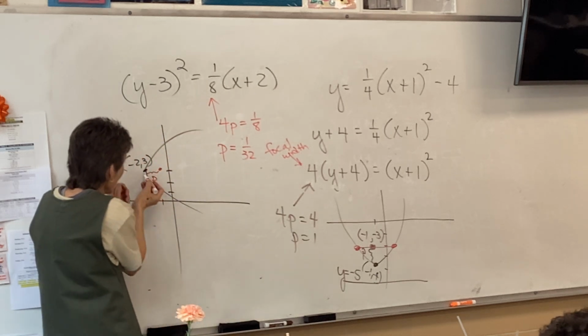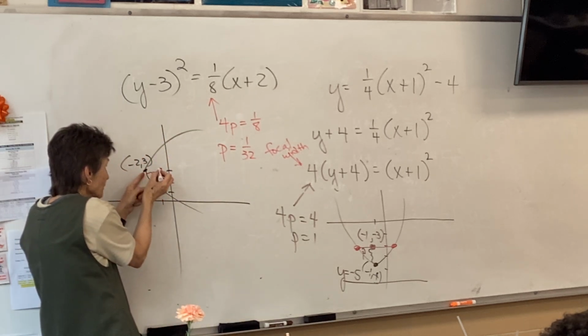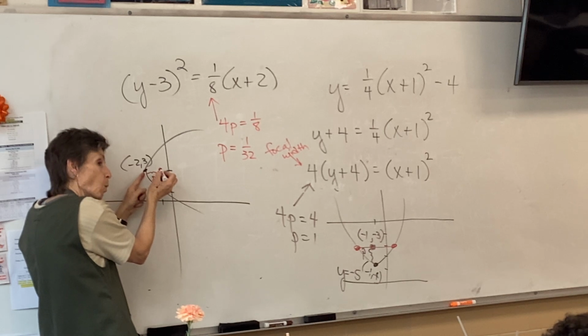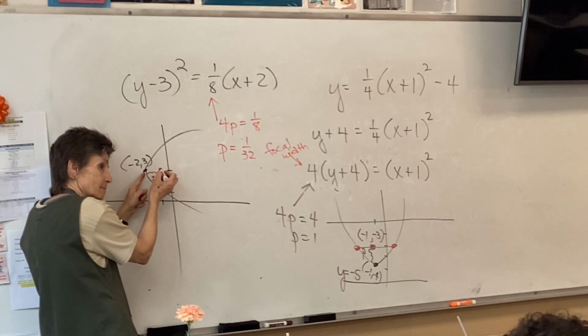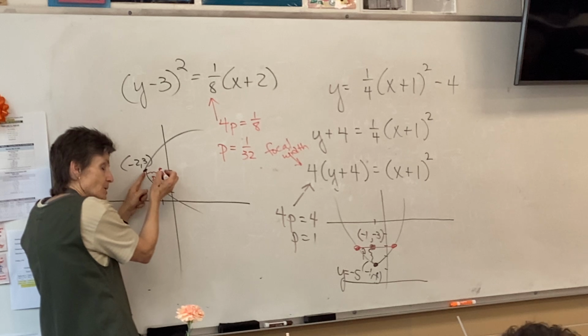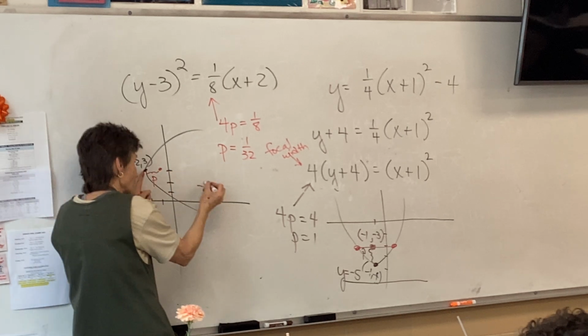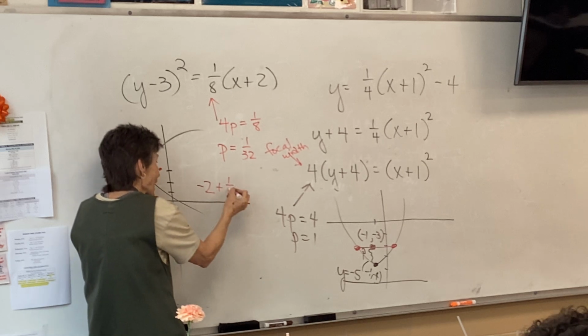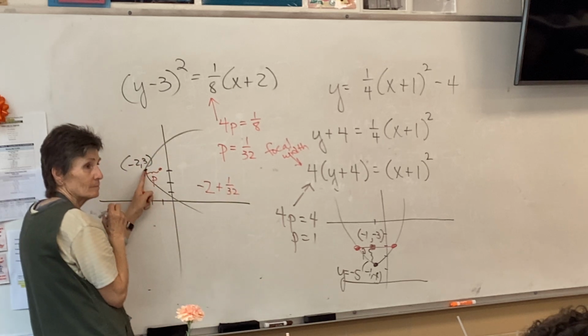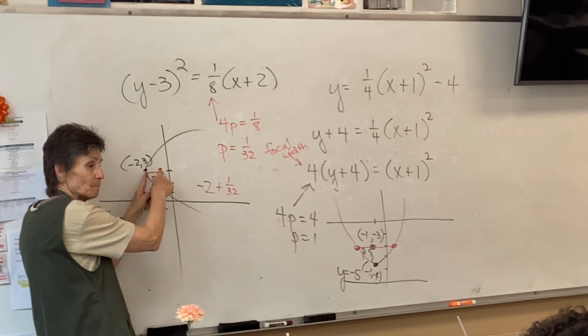So I'm gonna start right here, and I'm gonna go forward 1/32. So in other words, I'm gonna start at -2 and add a 32nd. Does that make sense to everybody?